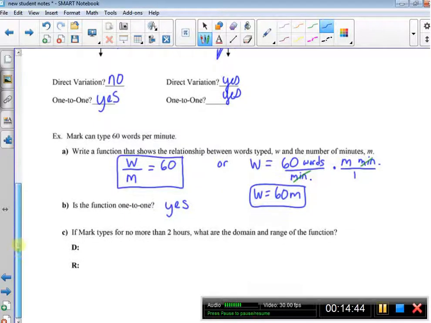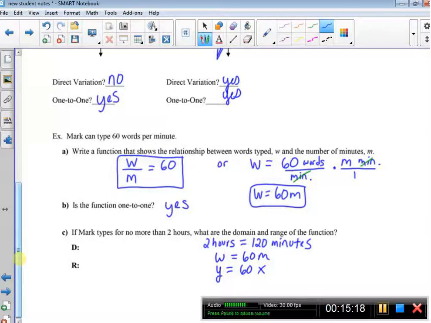If Mark types for no more than 2 hours, what are the domain and range of the function? Well, our equation is in terms of minutes, so we have to convert 2 hours to 120 minutes, first of all. And so then if he's typing for no more than 2 hours, the minutes, if you take a look at the equation from up above, W equals 60m, that's almost like y equals 60x.